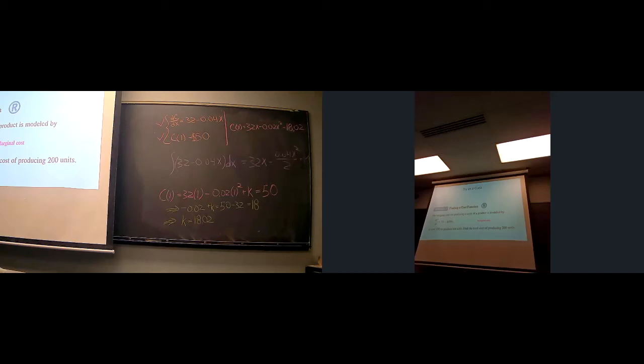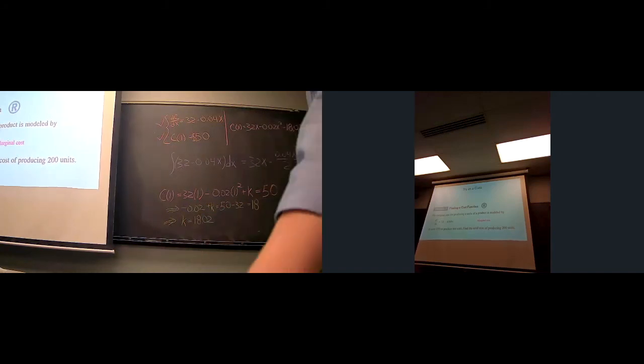Checking really quick, we throw 1 in, we're going to get 32 minus 0.02 plus 18.02. Well, these two 0.02s are going to cancel, so it's going to be 18 plus 32, or just 50. So it does in fact check out.